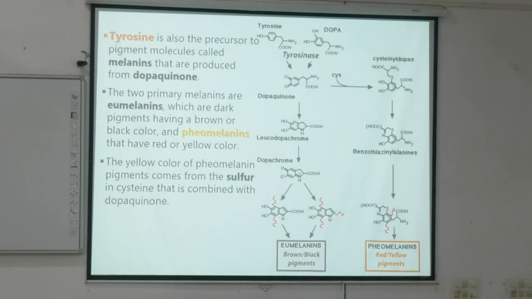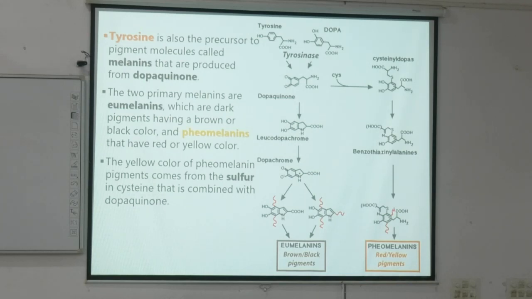So now tyrosine also gives us colors, pigments, and the precursor is dopaquinone. This precursor dopaquinone will either give you eumelanins, which are dark and brown pigments, or pheomelanins, which are red or yellow colored pigments.